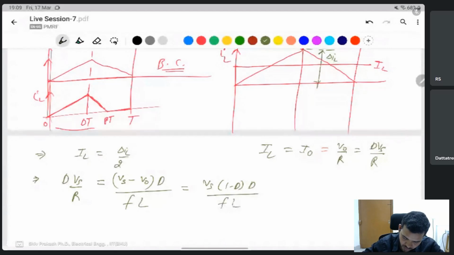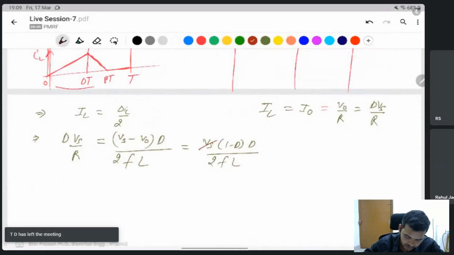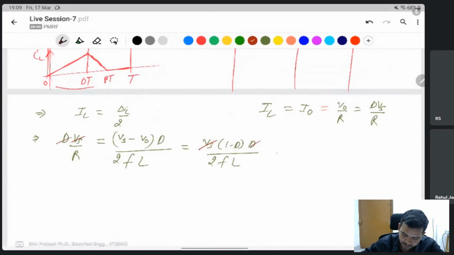Sorry, this is 2 times delta IL by 2, then this is 2 fs L. Vs cancels out. 2 fs L by R is equal to 1 minus D.